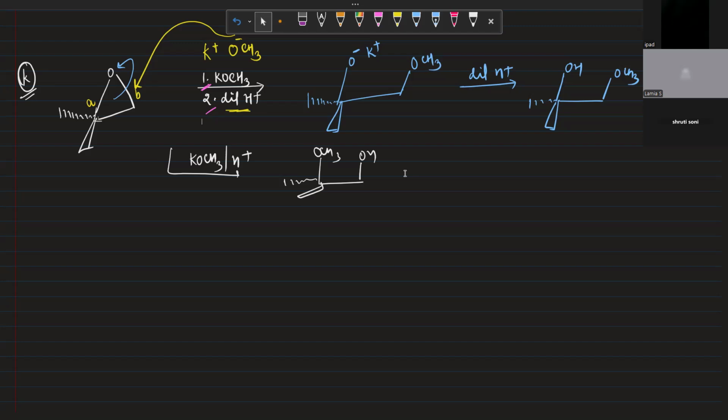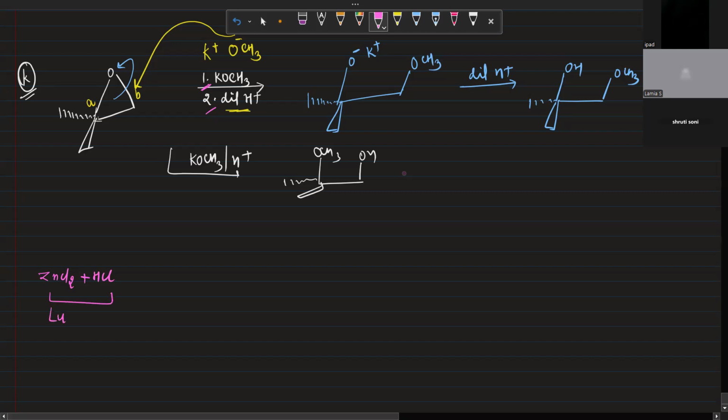There are reagents like Fehling reagent, Tollens reagent, Lucas reagent. ZnCl2 is basically used in labs. You can write this down. ZnCl2 needs HCl also. ZnCl2 and HCl work together, and it is the Lucas reagent.